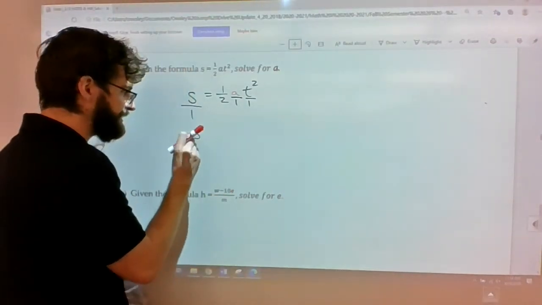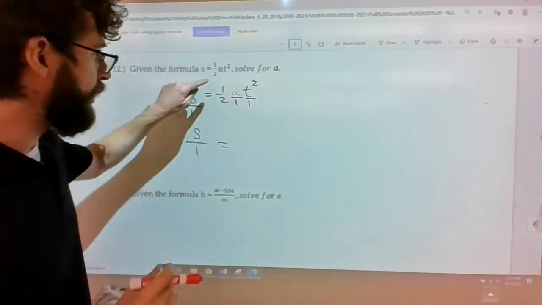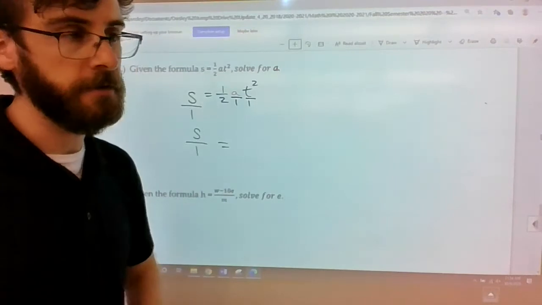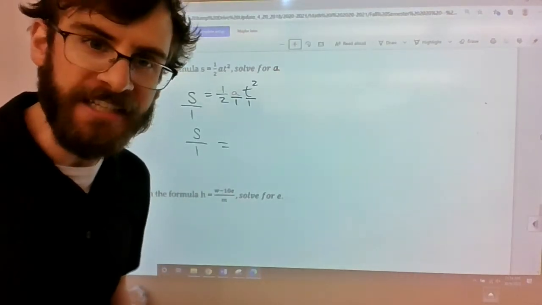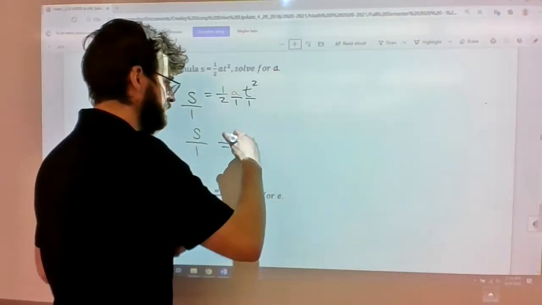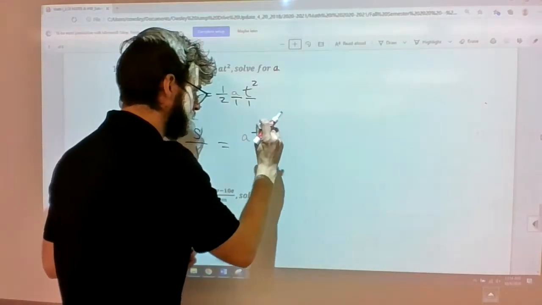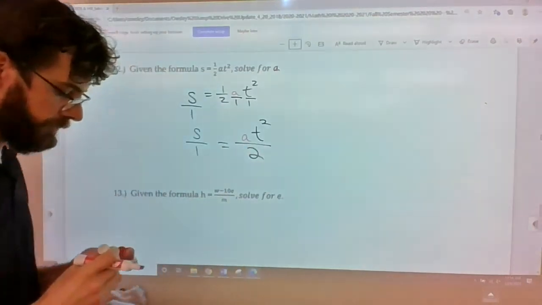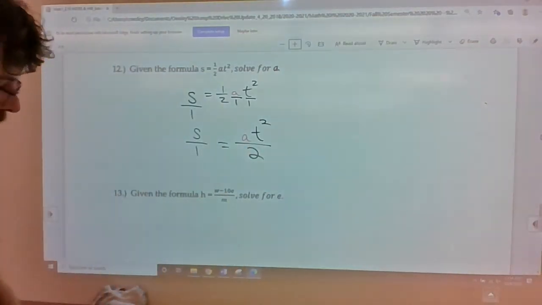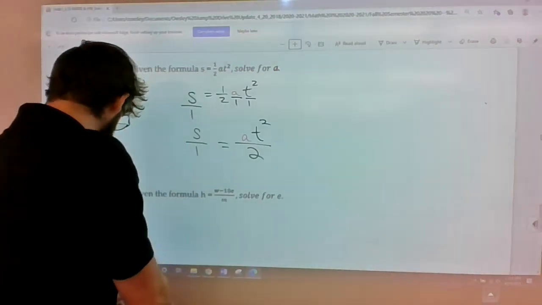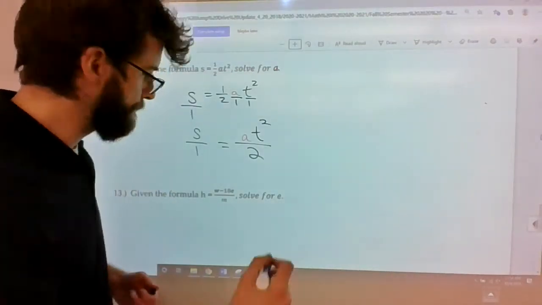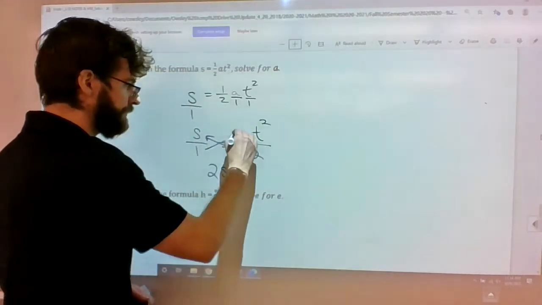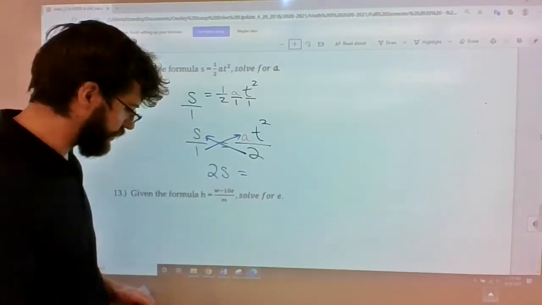So my fraction on the left is s divided by 1. The fraction on the right is 1 times a times t squared, which is 1at squared. You can just call it at squared, though. On the bottom, 2 times 1 is 2. All right, at this point, you guys should be able to cross multiply. 2s equals 1 times at squared.